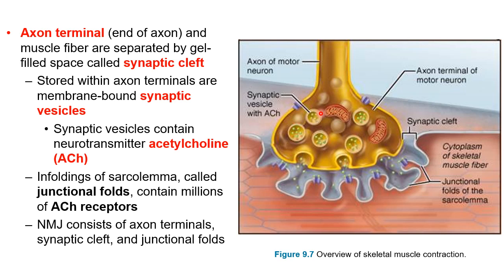So this tiny vesicle has to travel from the body in your spinal cord all the way down the axon by anterograde movement, going forward from body to the end. Now, when it gets here, in the cytoplasm, you actually have to put acetylcholine inside those vesicles.